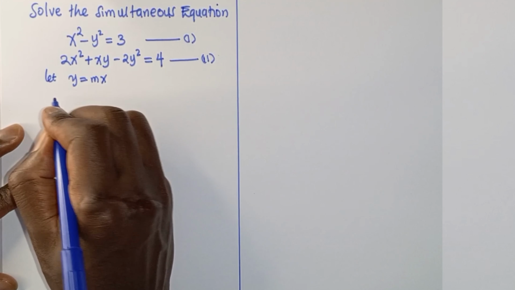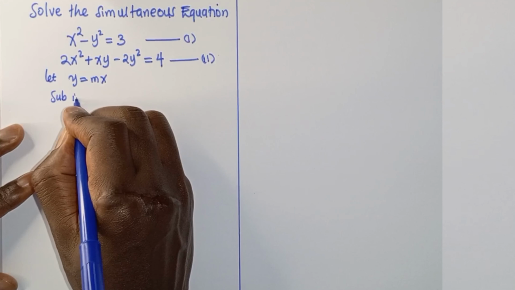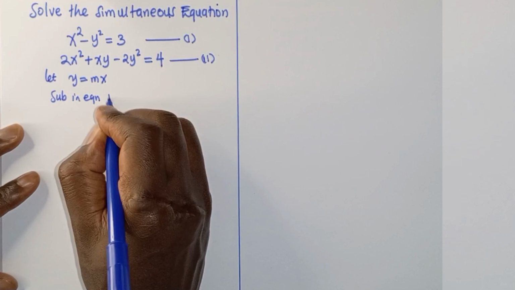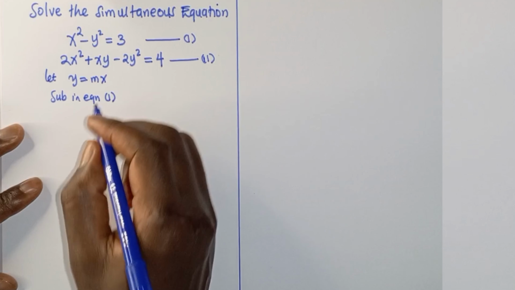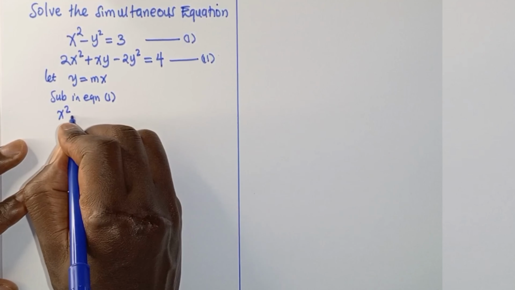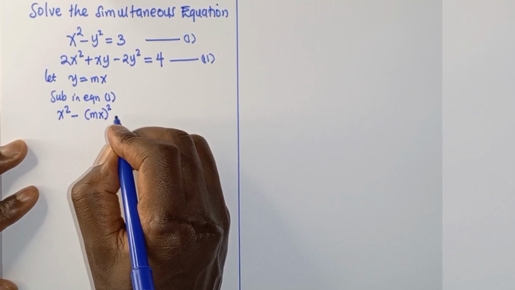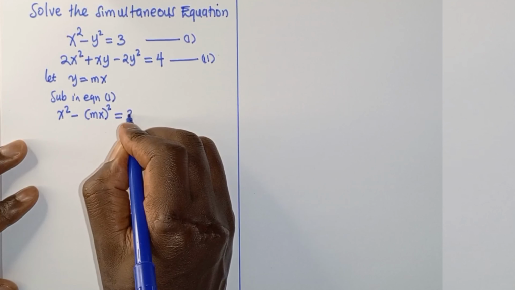So substituting it in equation 1, we shall have x square minus, in bracket, mx square is equal to 3.